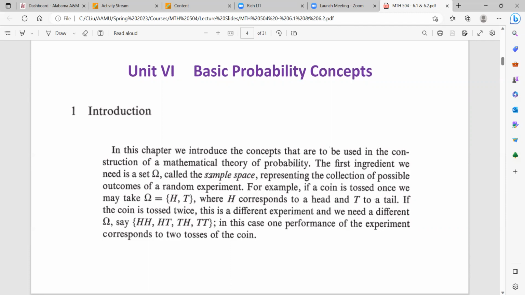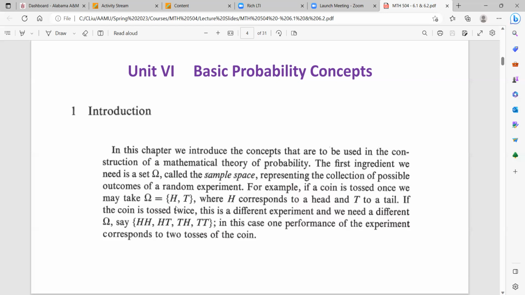The sample space is a set that includes all the outcomes of an experiment, the collection of possible outcomes of a random experiment. For example, if a coin is tossed once, we use omega as the notation for this sample space.